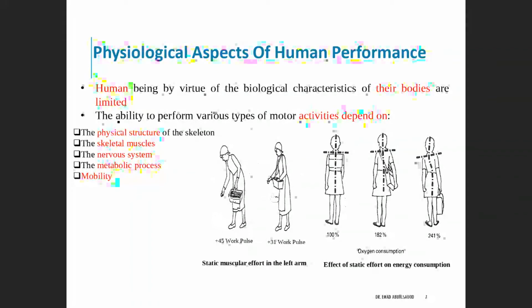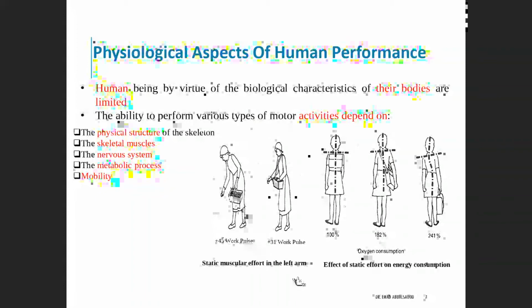Of course, if you could come up with a way, a product, steps, or a system that can remove the load from the human, it would definitely reduce the work pulse more. But if I hold it on one arm in this way, it will impact the body and the muscular effort more than this posture.